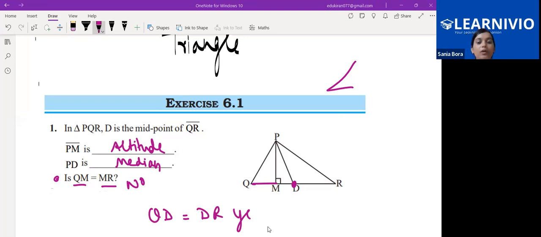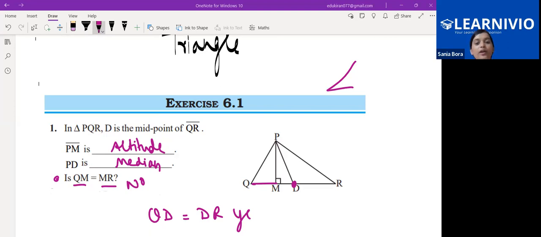Okay. Now coming to the next one. Hepzibah, Manisha. Ma'am, I did not get it. You didn't get it? Who didn't get it? Yes, ma'am. I didn't. Hepzibah, you didn't get it? No. Okay.